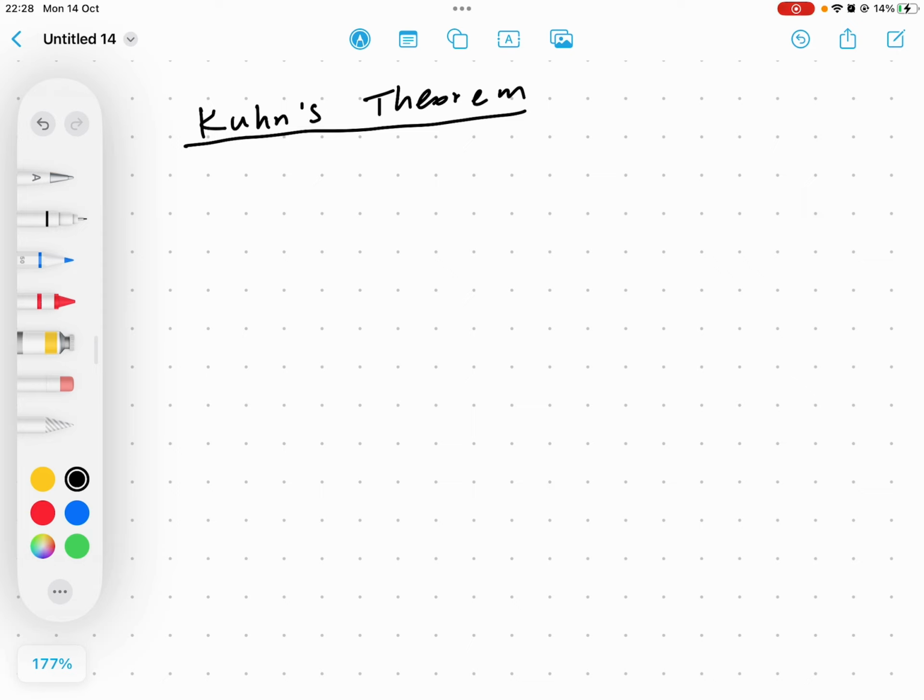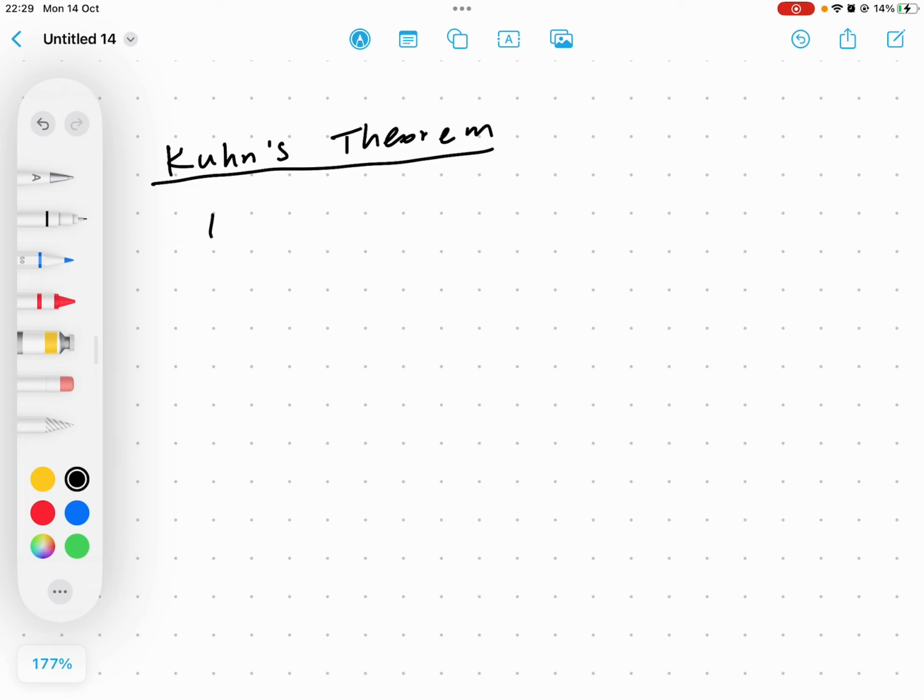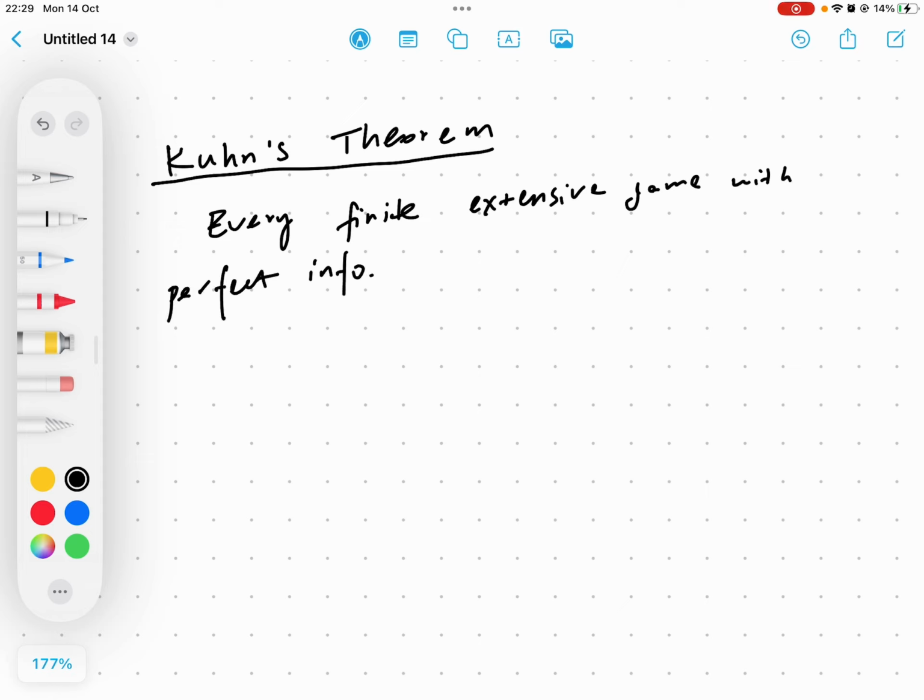Okay, so essentially it gives the existence of the SPE. So essentially it says that every finite extensive game with perfect information has a subgame perfect equilibrium.